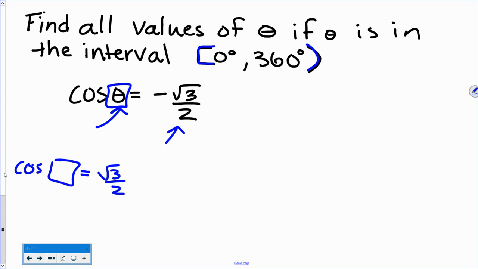You should see that that would be 30 degrees. But cosine of 30 degrees is positive square root of 3 over 2, so 30 degrees is not my answer.